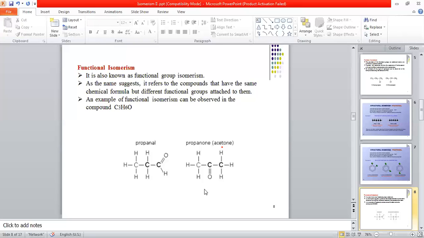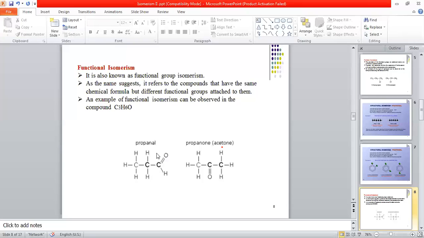Or take another example: if a functional group of OH is attached to the molecule, then this molecule will be classified as an alcohol. It means a molecule changes based only upon its different functional group. So functional group isomers have the same molecular formula but different functional groups on the chain.